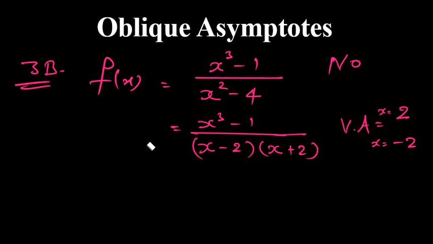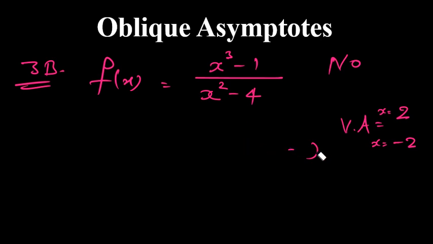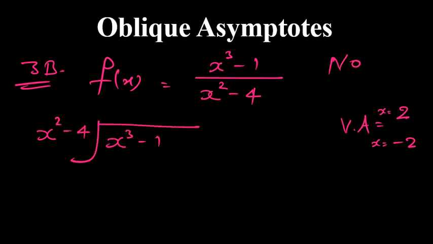Again, for the oblique asymptote, what will you do? You will do the long division. So x power 2 minus 4, and that's x power 3 minus 1. Take x multiplied by x square, which will give you x power 3 minus 4x. Do the subtraction.